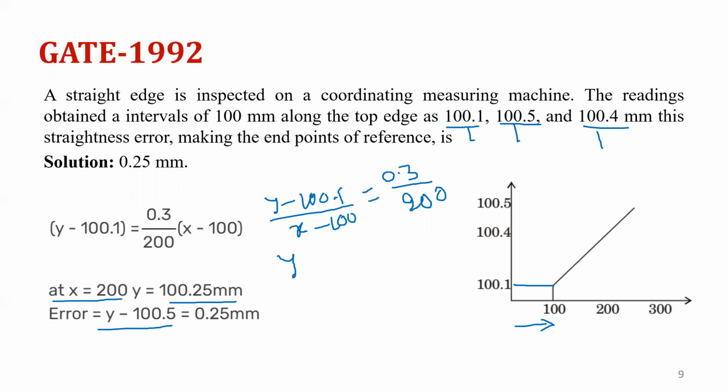Therefore, error is equal to y minus, this middle point is 100.5. So error is equal to 100.25 minus 100.5, the error is 0.25 mm.